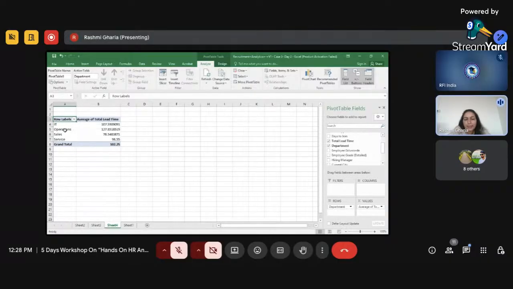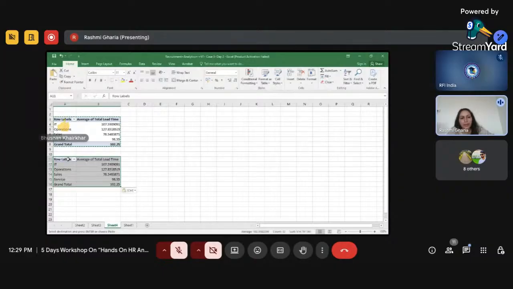When you are hiring any candidate for operations, the lead time is higher in comparison to the sales or service department. For sales, there are lots of people who are looking for opportunities. There are lots of vacancies also. It's easy for you to attract the candidates, right? But for other profiles, it is not easy to attract a good number of candidates. I hope you got it. This can be one of the insights.